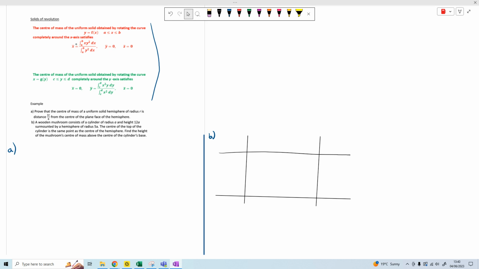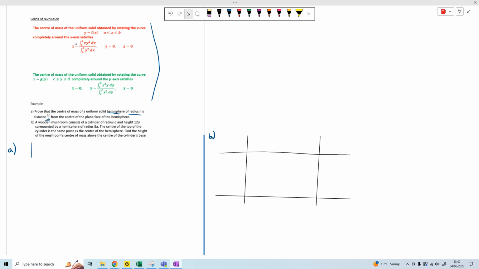So for part A of this example, we need to prove that the centre of mass for a uniform solid hemisphere of radius r is 3r over 8 from the centre of the plane of the hemisphere. So let's think about what's going to create a hemisphere.